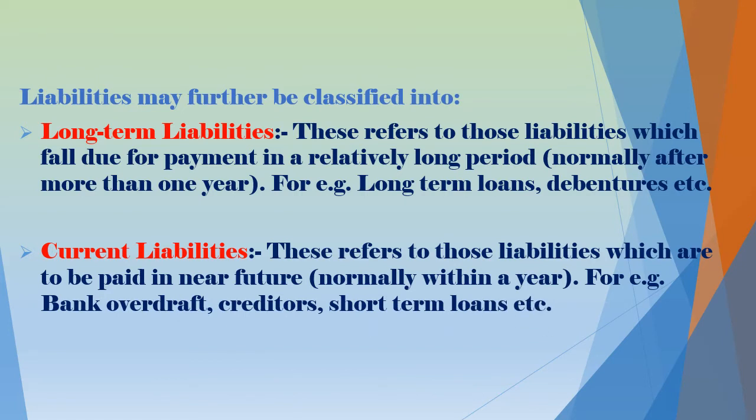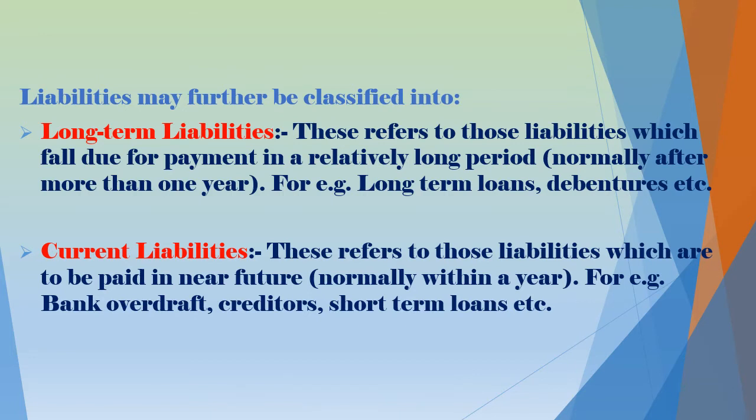So current liabilities or short-term liabilities are those liabilities, like, the word current is there, so quick. The current or short-term liabilities are those liabilities which have to be paid within a year, like bank overdraft, creditors, short-term loans, like suppliers, they demand payment within a year.